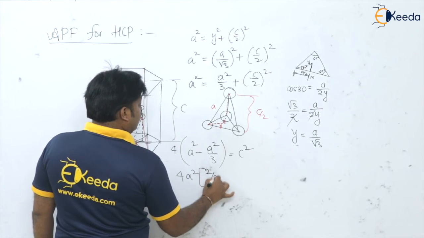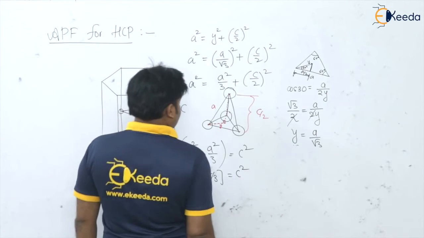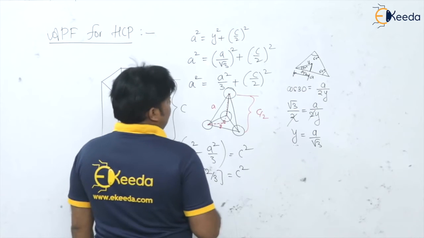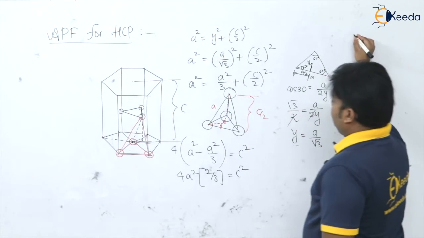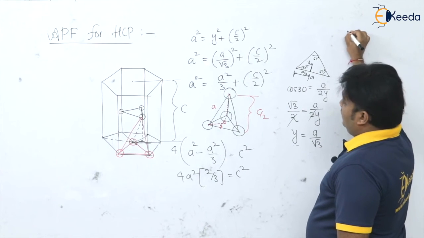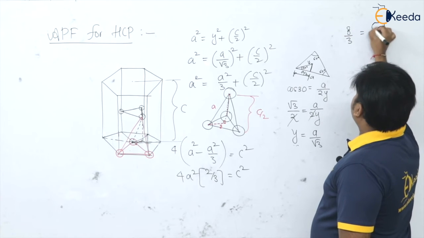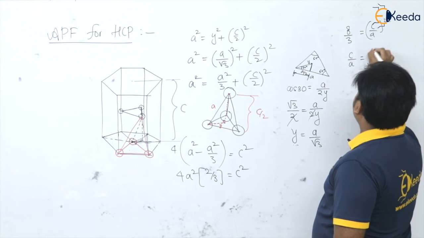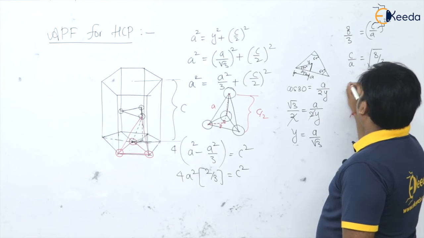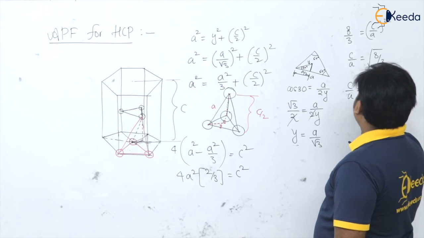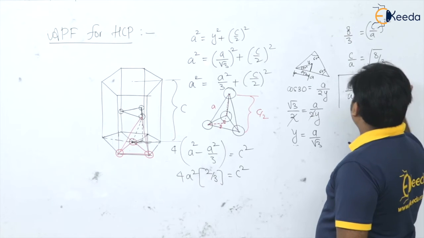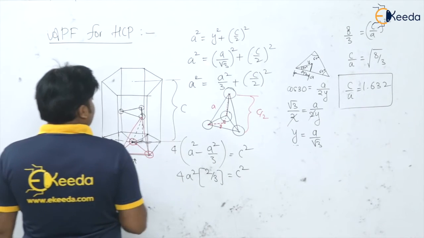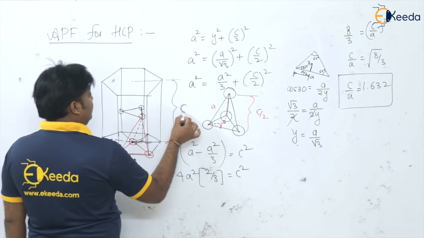This 2 by 3 is equal to c square, isn't it? So you can get c by a. How much are you getting here? This 8 upon 3 is equal to c by a whole square, and c by a will be root of 8 by 3. If you calculate, you will get c by a is equal to 1.632.